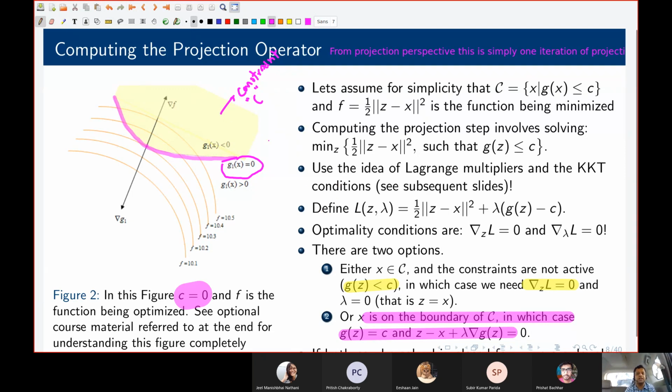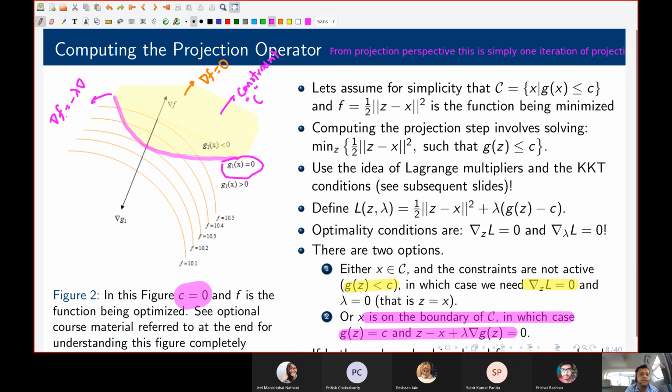If you are in this constraint region, again I'm repeating, you can basically have the gradient of f going to 0. If you are on the boundary, I meant, then basically you're saying that the gradient of f, which in this case is z minus x, is in the opposite direction to the gradient of g(z).